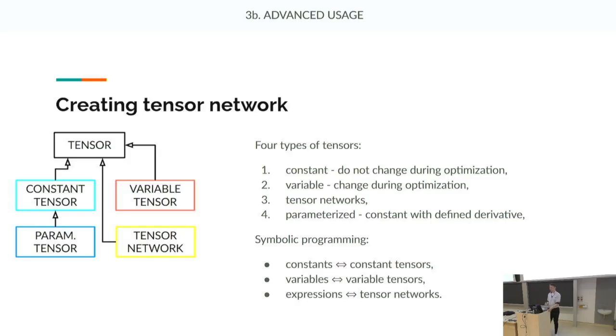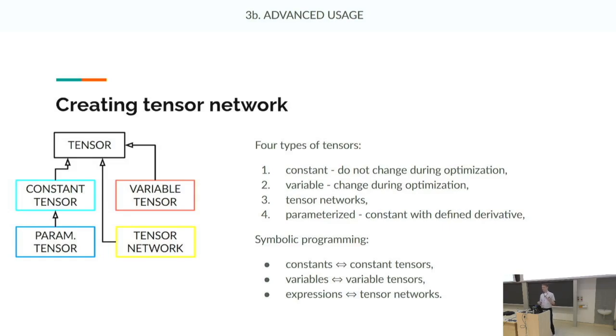So it's a little bit like in, let's say, Mathematica, which is symbolic. So there are constant tensors, which are similar to numbers in Mathematica, like 1, 2, 3, 4, 5. There are variable tensors, which are like x, y, z in Mathematica. And when you write in Mathematica 2 times 3, you get 6. But when you write 2 times x, you get 2x, right?